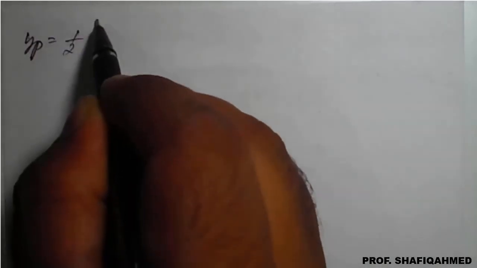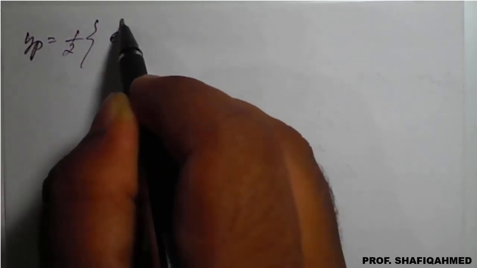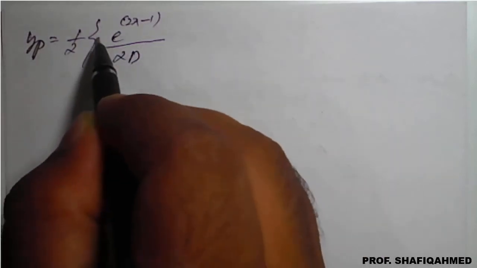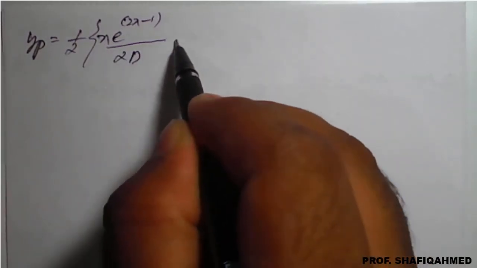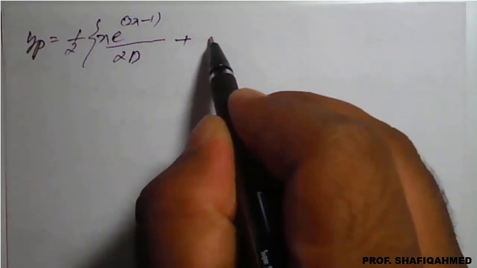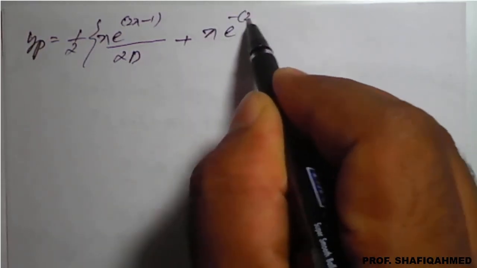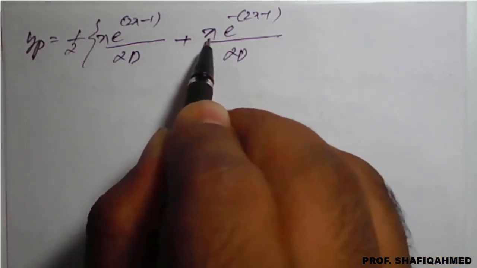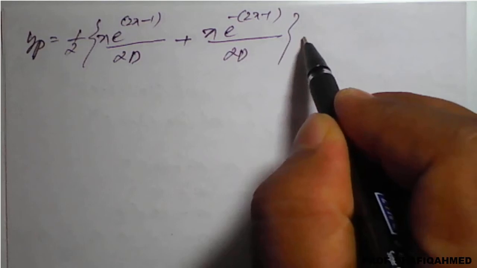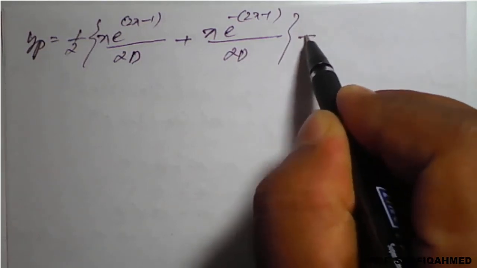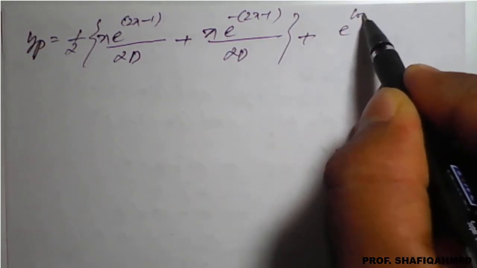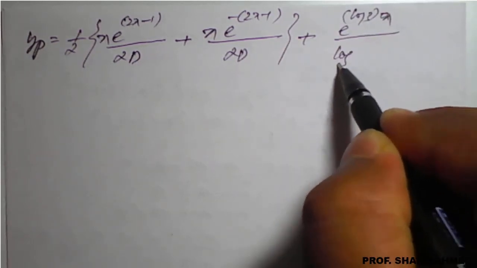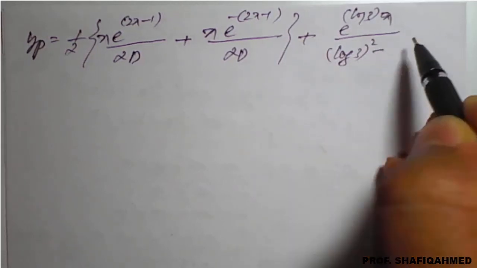This 1 by 2 as it is, e raised to 2x minus 1 divided by 2d, and we need to multiply by x, plus again x into e raised to minus 2x minus 1 divided by 2d, because we have differentiated once, so x will be multiplied here, plus e raised to log of 3 into x divided by log 3 whole square minus 4.